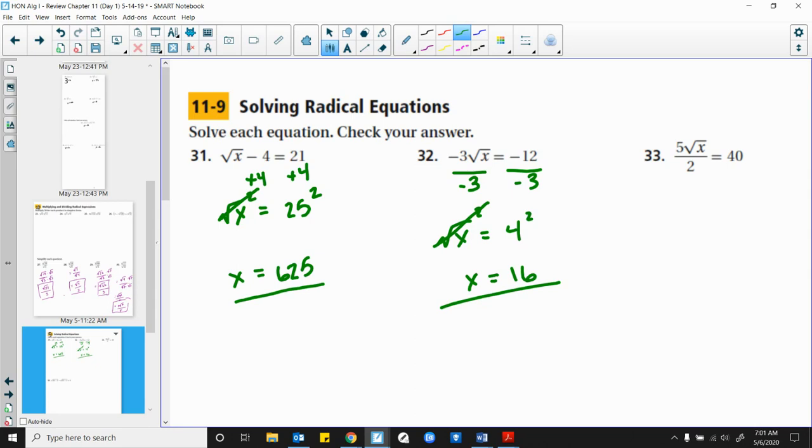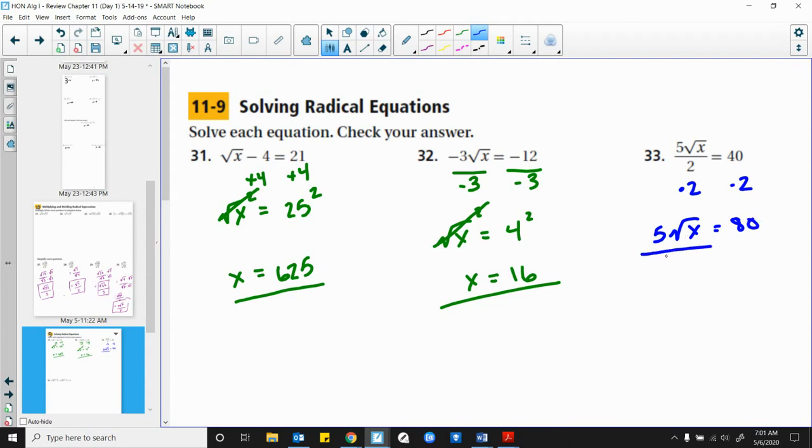All right, last two here. First one, I've got 5 radical x over 2. First, I've got to get this out of a fraction, so I'm going to multiply by 2, multiply by 2. That leaves me with 5 radical x equals 80.